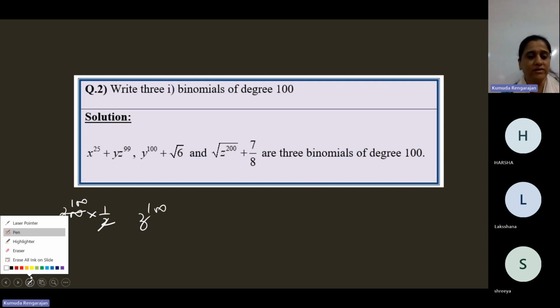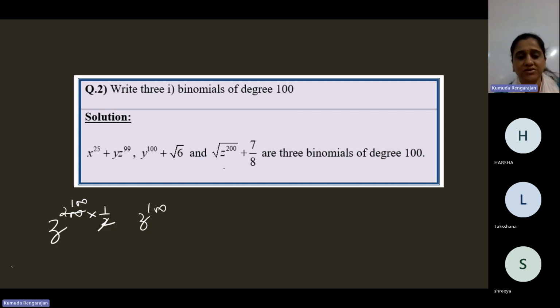This is nothing but z to the power 200 into 1 by 2. 2 ones are 200 times, so it's nothing but z to the power 100. That also is an example of a binomial of degree 100 and only one variable z.